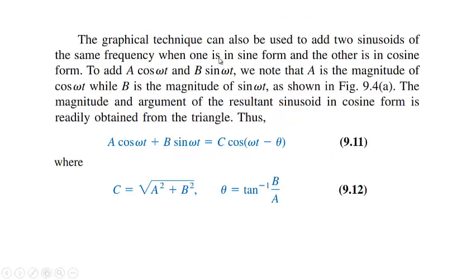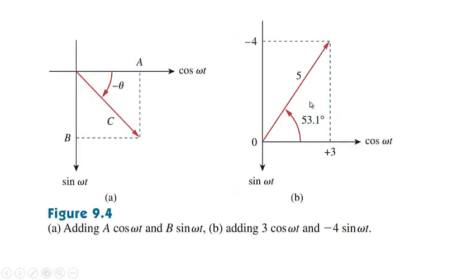Now, a graphical technique can also be used to add two sinusoids of the same frequency when one is in the form of sine and another is in the form of cosine. To add a cos omega t and b sin omega t, we know that a is the amplitude of the cos omega t and b is the magnitude of the sine omega t. As shown in figure 9.4, we can use this graphically to add them.